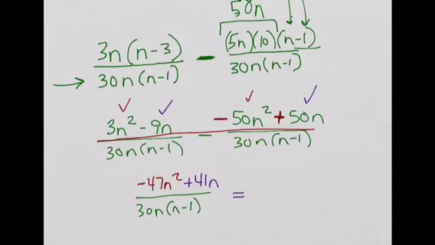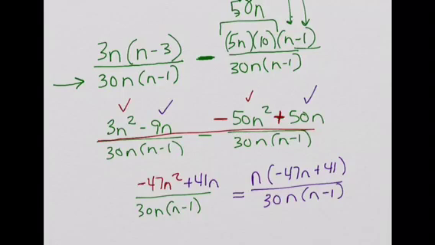When I look at this, 47 and 41 don't have anything in common, but they do have an n I could pull out. Let me write down what's left over once I pull that out. In my denominator, I still have 30 times n minus 1. And I see that I can cancel out the n's.